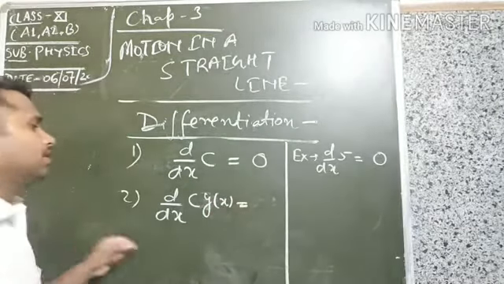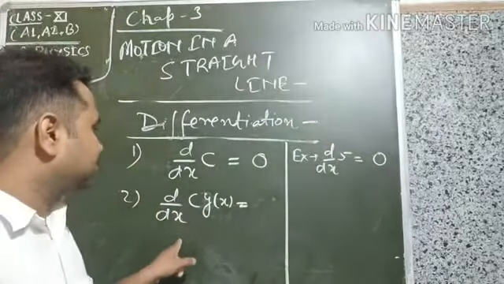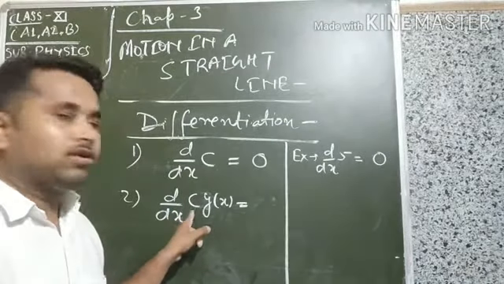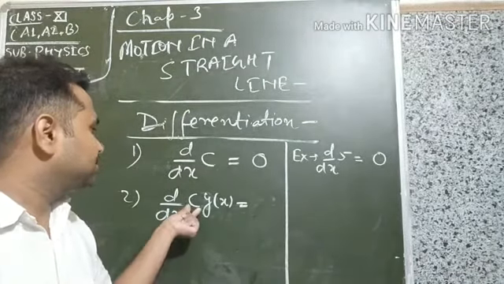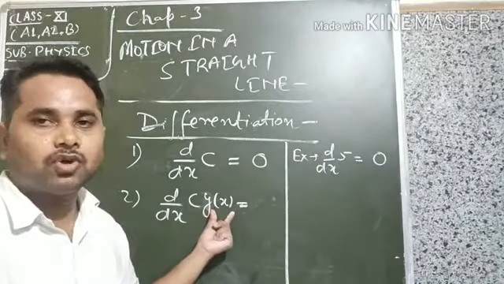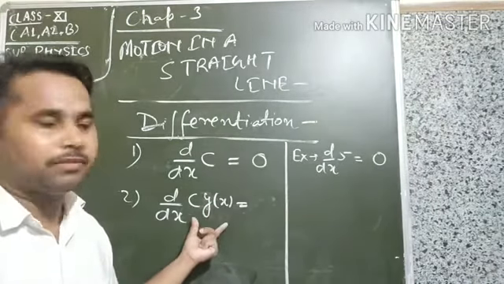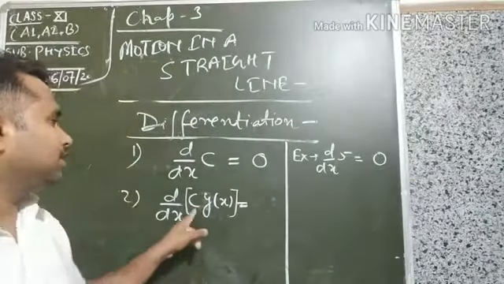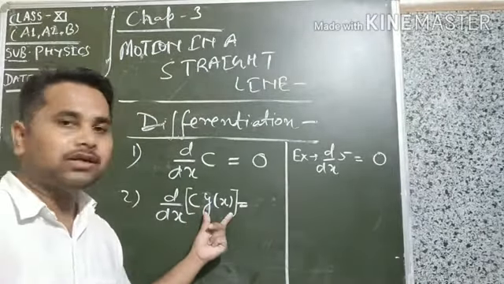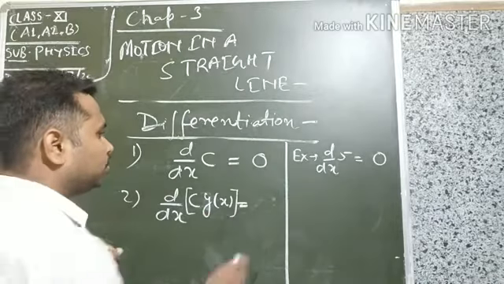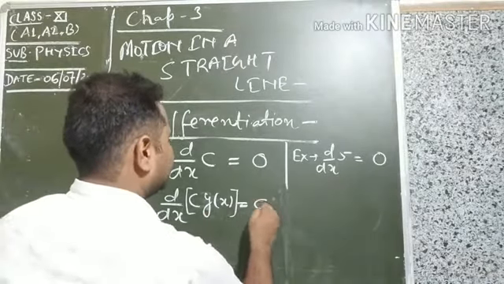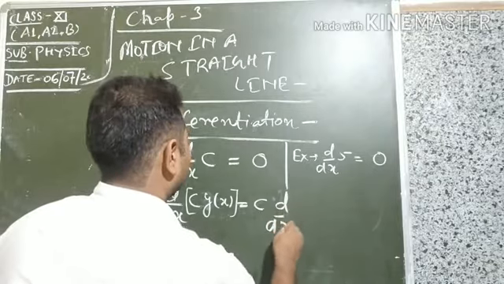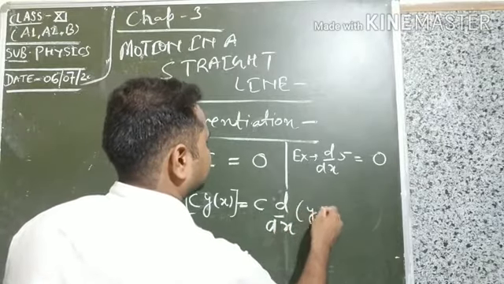This is the differentiation of a product of two quantities, c is the constant and y(x) is the function of x. There are two terms here, what do we have to differentiate? Product of two quantities, one is the constant c and second is the function of x, so it is equal to c d dx of y(x).